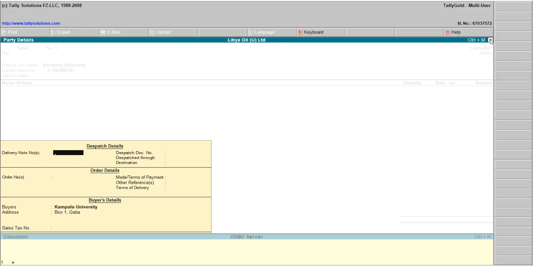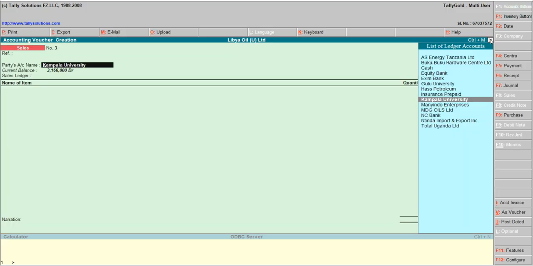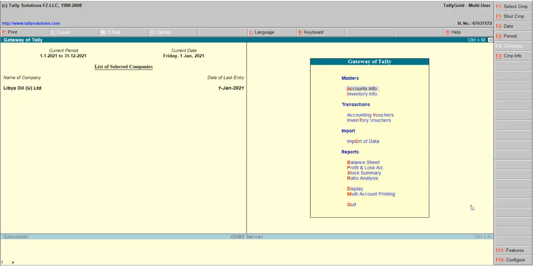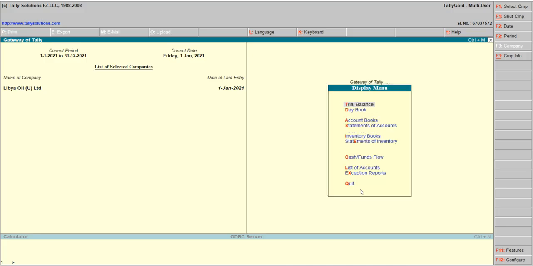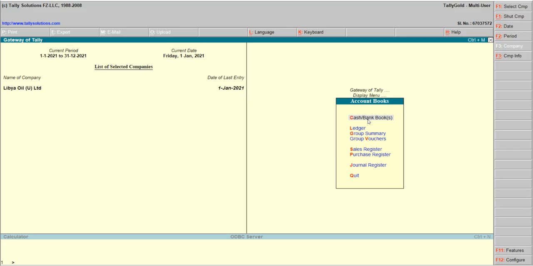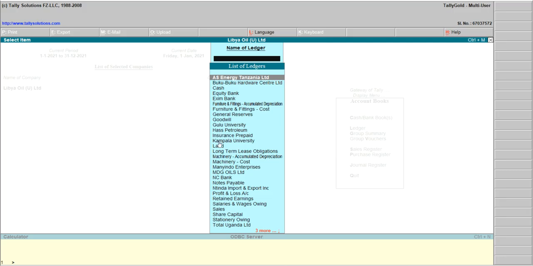I want to edit. Let's go to display, my account books, ledger. Kampala University, where is it?